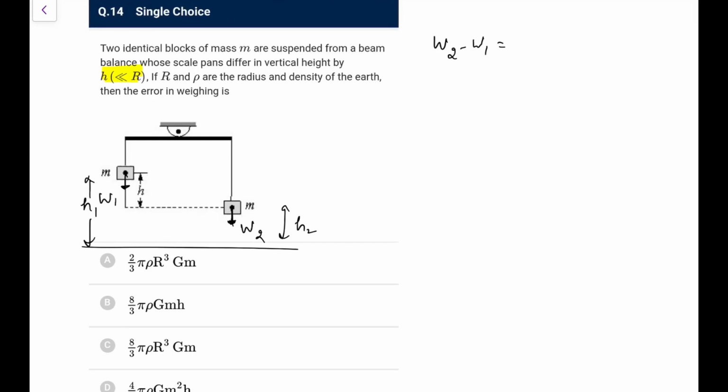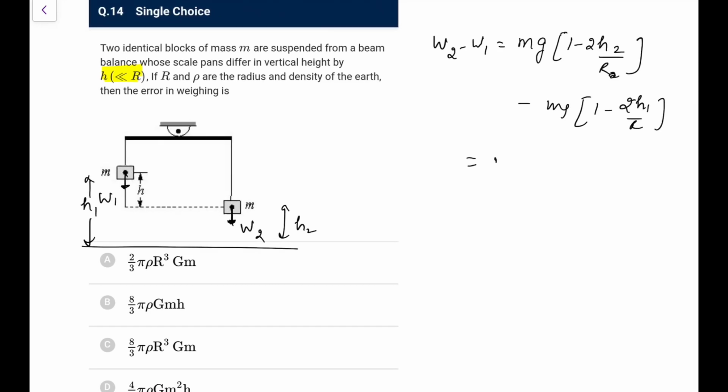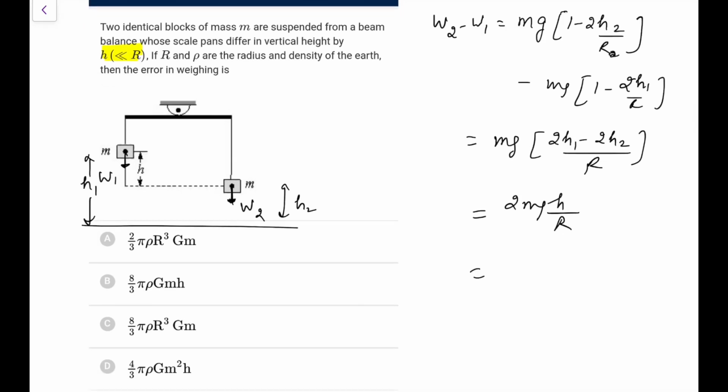So W2 would be equal to M times g, and the g here would be 1 minus 2H2 by R, and here it would be Mg times 1 minus 2H1 by R. If I do that subtraction, we will have Mg times 2H1 minus 2H2 by R, and this H1 minus H2 is given as h, so it is 2mgh by R. If I write small g as 4 by 3 pi G rho R, then into h upon R.